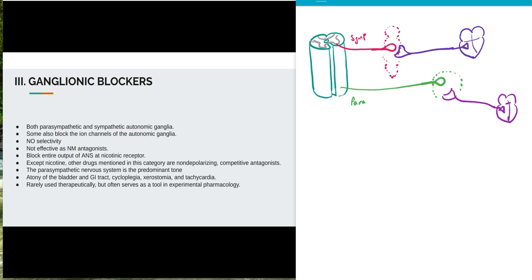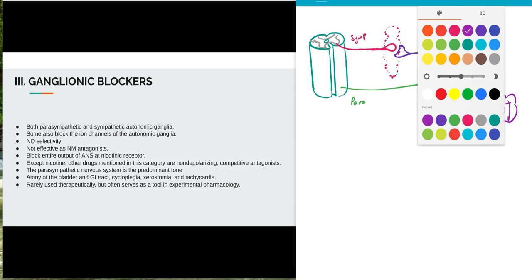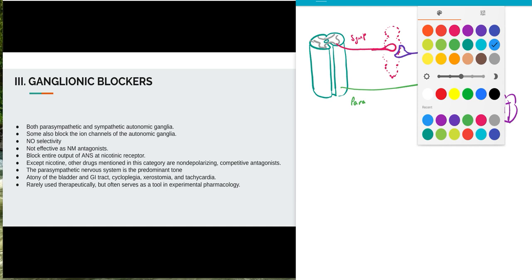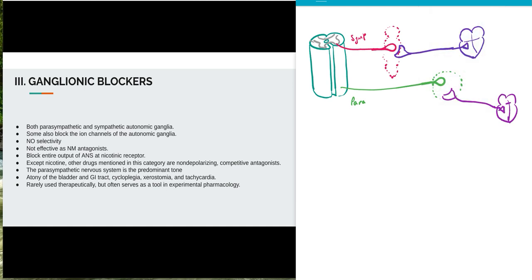Now what do we understand? We understand the basic funda in this area. Before that, one more thing: this is a ganglia, this is also a ganglia. That means if we talk about ganglionic blocker, do you realize that it will attack these areas, they will block these areas? Yes, sir.